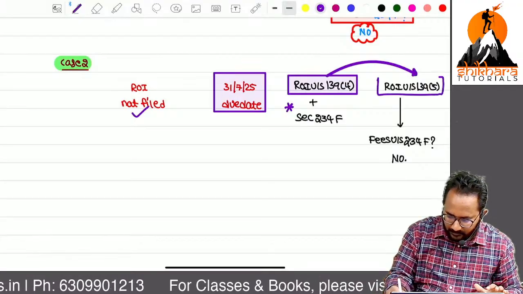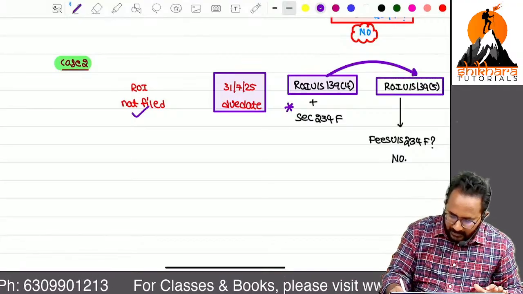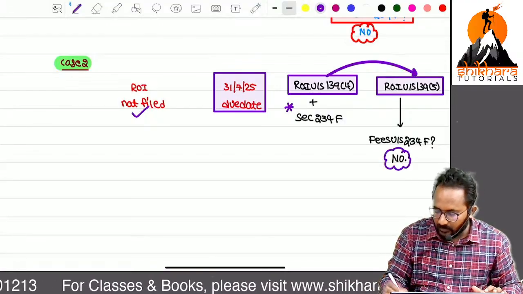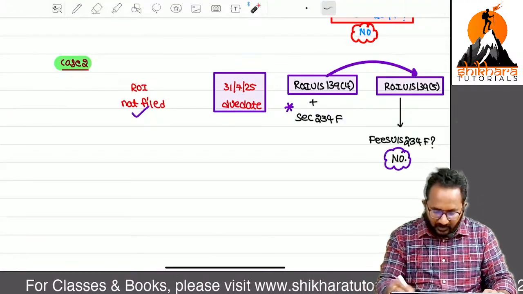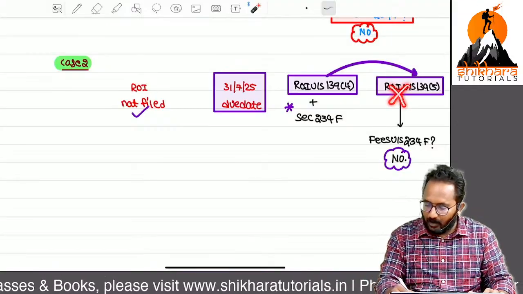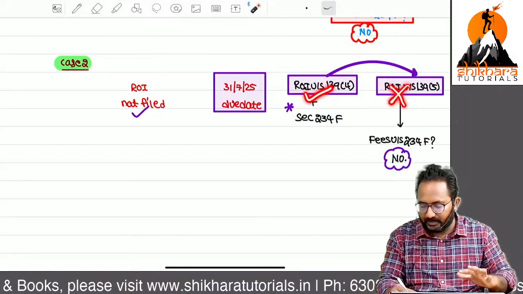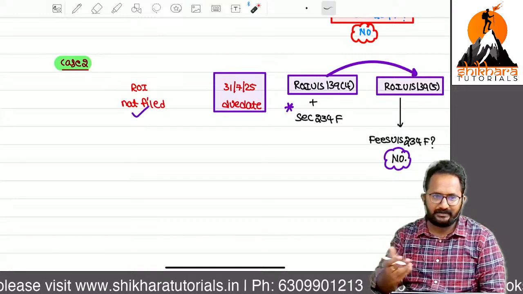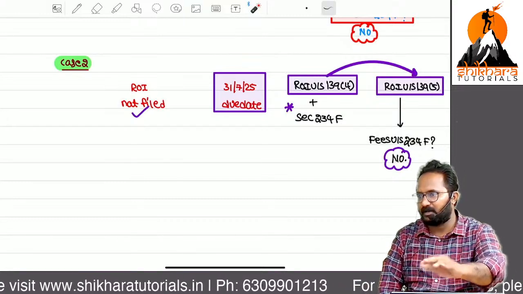time limit. Now, do I need to add the fees? No, not required. Why? It is not a fresh return. It is a revision of an already filed belated return. On that occasion, we already paid the fees. So we can say two things here. Fees is a one-time liability, not a recurring liability.